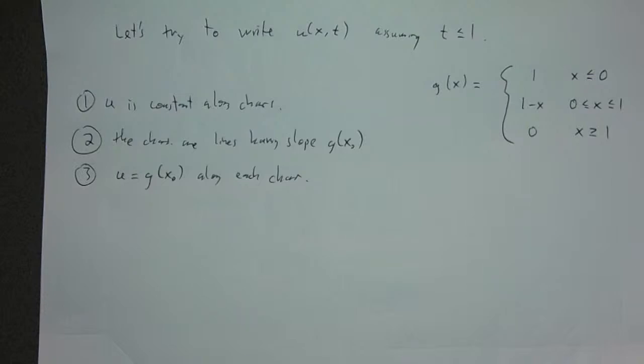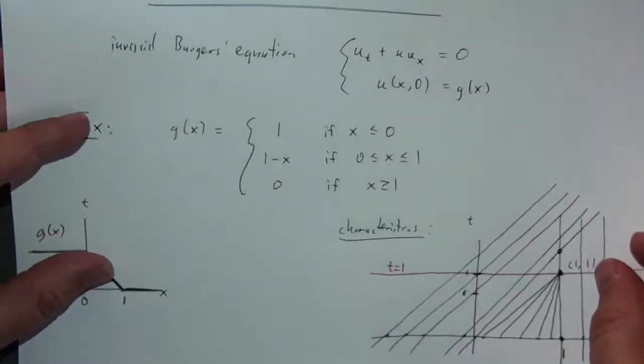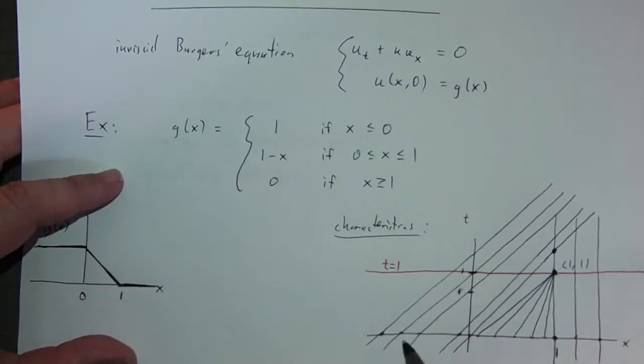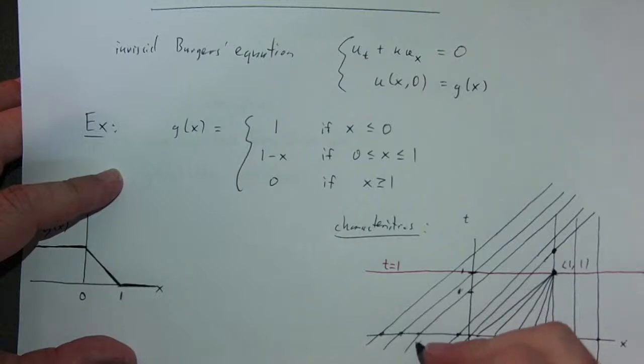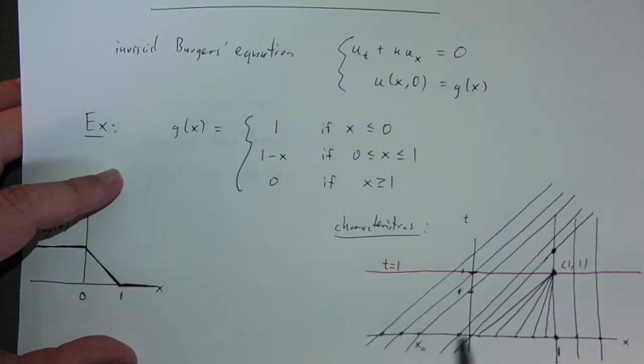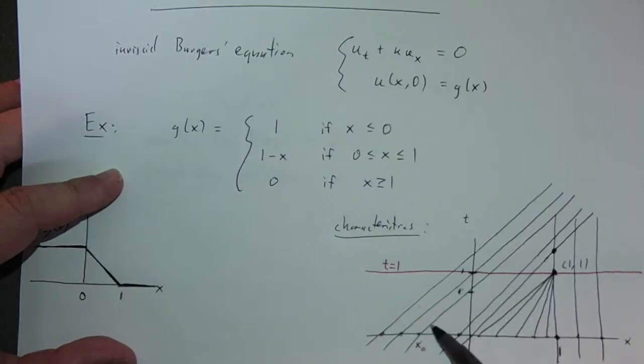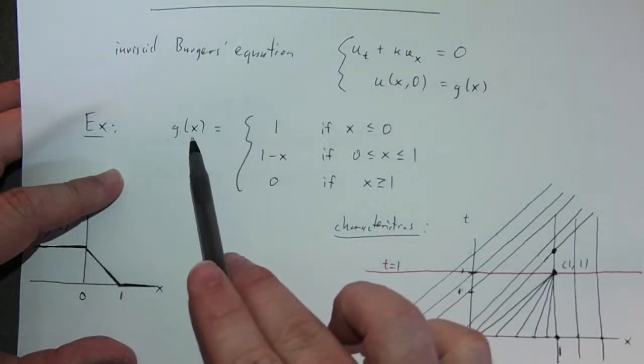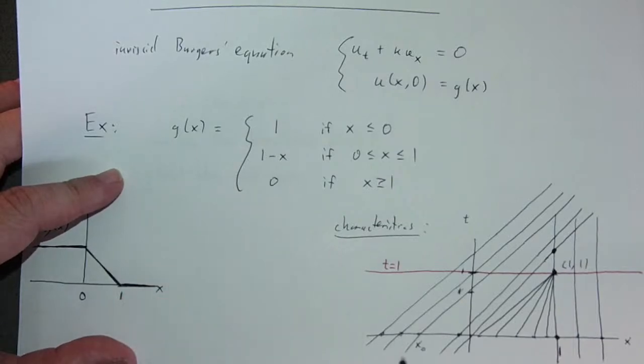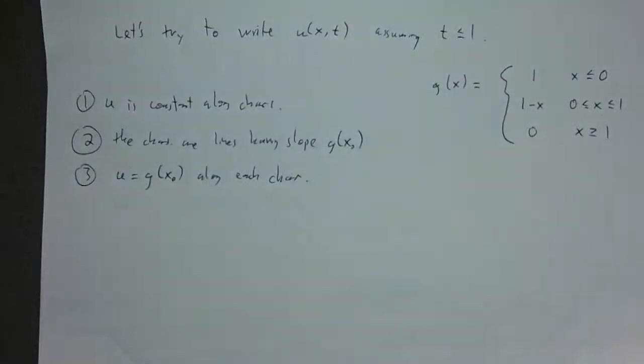On this axis here, as we saw, let's go back here. If I choose points x naught that are like here, less than or equal to 0, the slope of the characteristics is 1 directly from this, which means the solution is also 1 there.